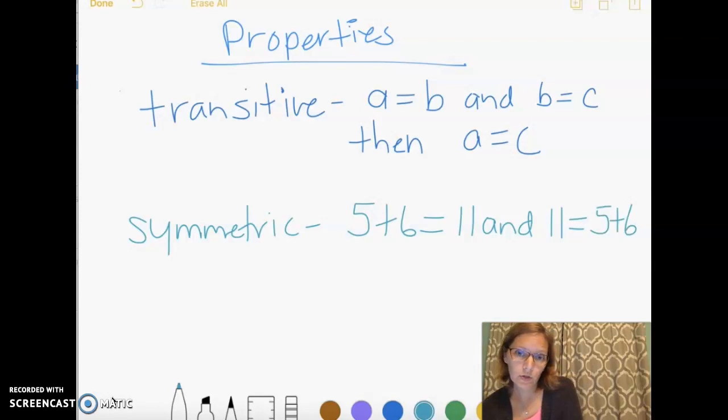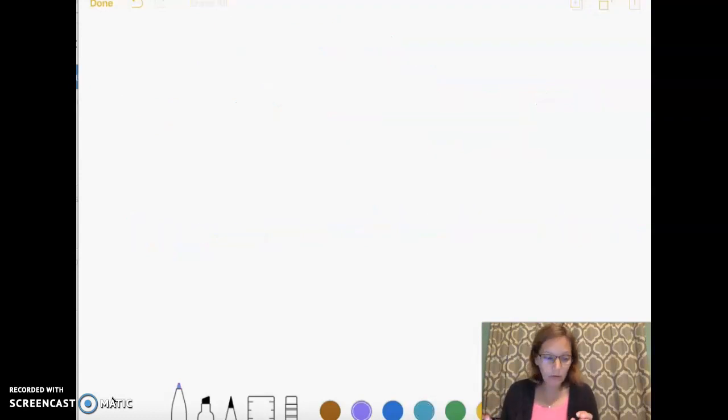That's symmetric. It's just basically taking the same equation and almost flipping it over. And then the last thing, and I have like 1 minute left before this video stops and cuts me off, so I'm going to try to be fast.